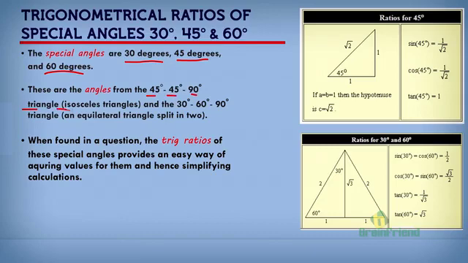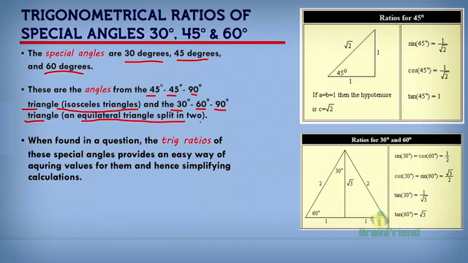That is an isosceles triangle, okay, that has 2 equal sides, and a right angle, 45 degrees, and 90 degrees. And also the 30, 60, and 90 degrees triangle that could be gotten from an equilateral triangle that is split equally in half.